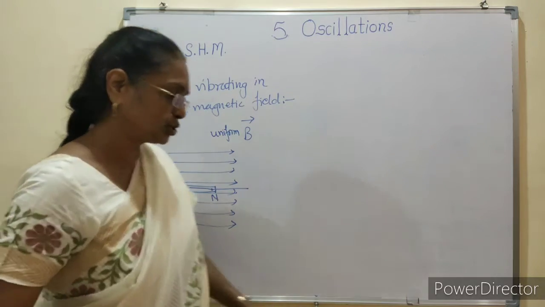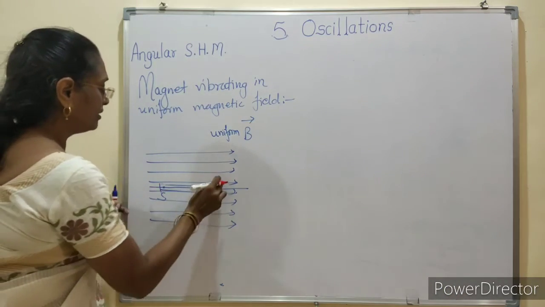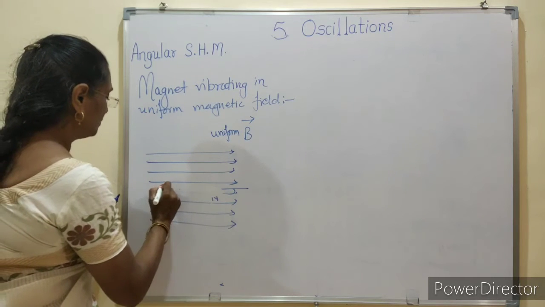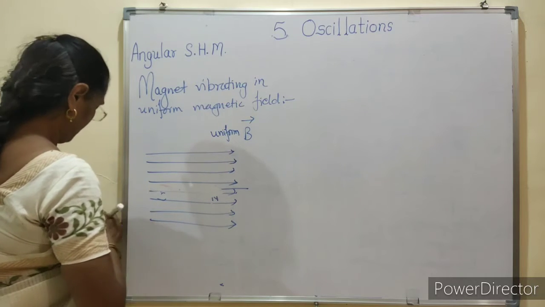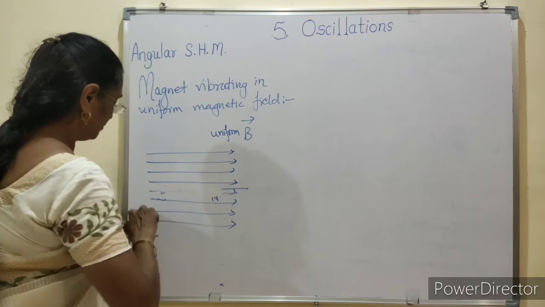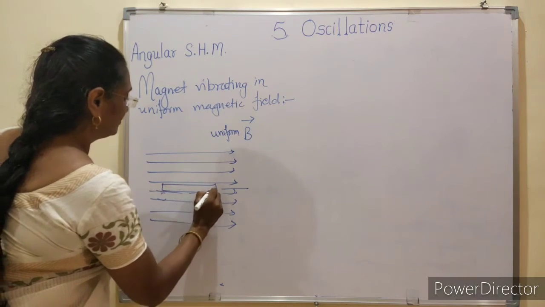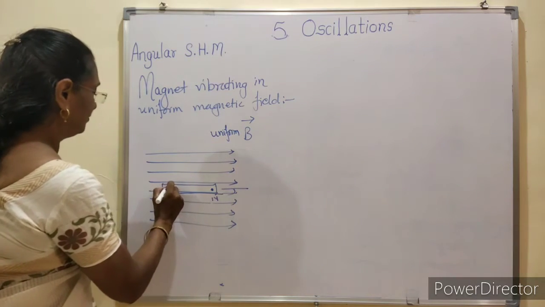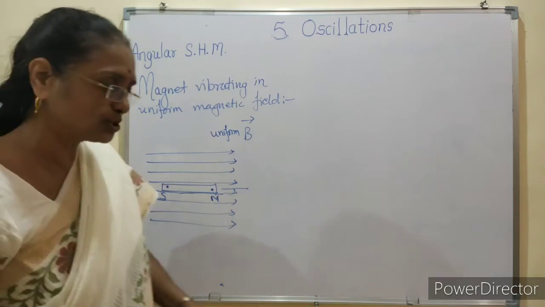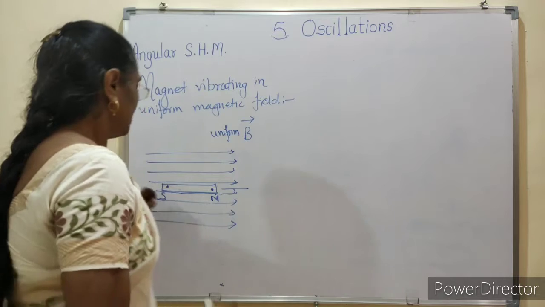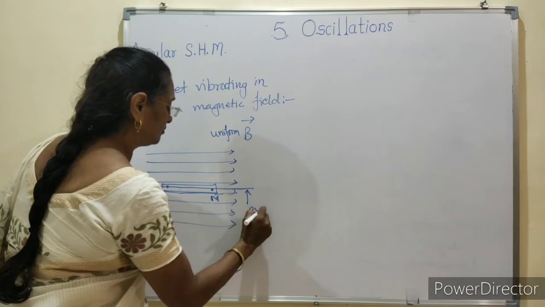Here the magnet can be shown by the red line. Here N and S denote the magnetic poles of the magnet, and this is the axis of the magnet.